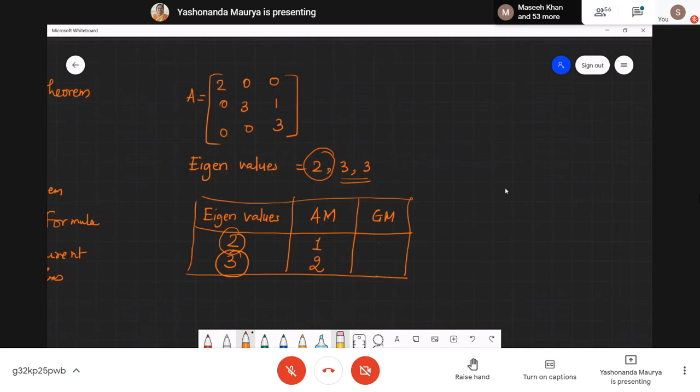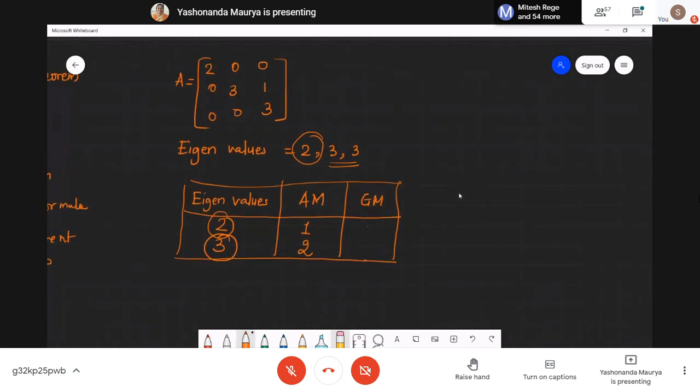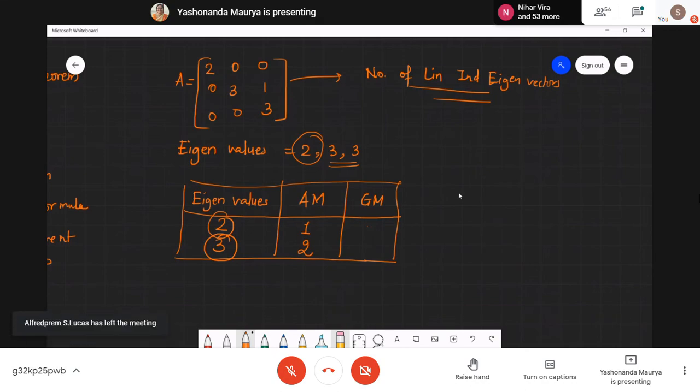Now coming to these geometric multiplicities. For that, we have to calculate the number of linearly independent eigenvectors. You have to find the eigenvectors. One more thing is also known, that there's a relation between algebraic multiplicity and geometric multiplicity.